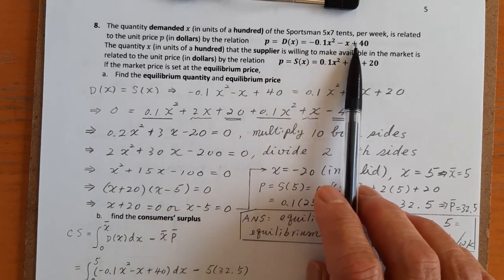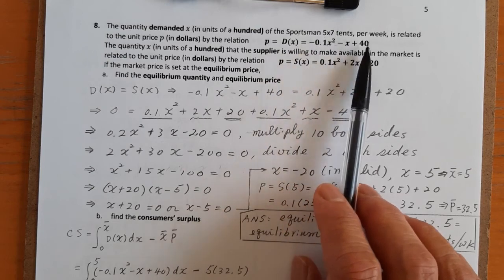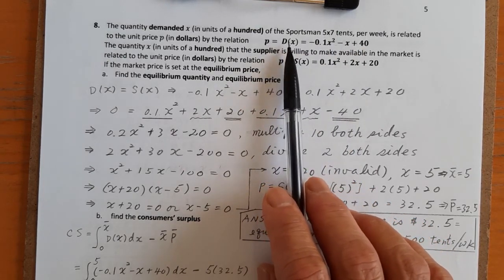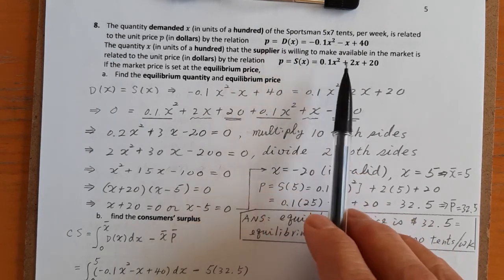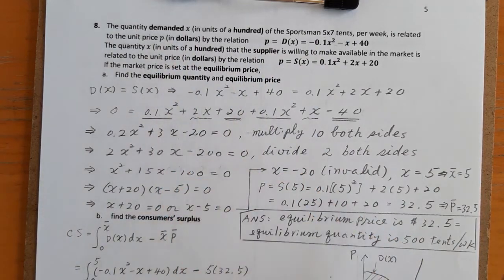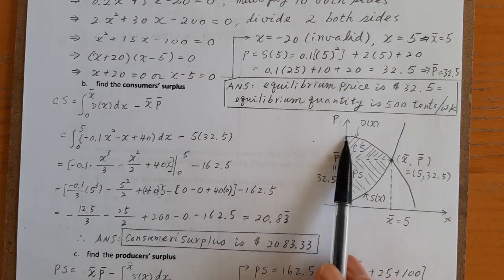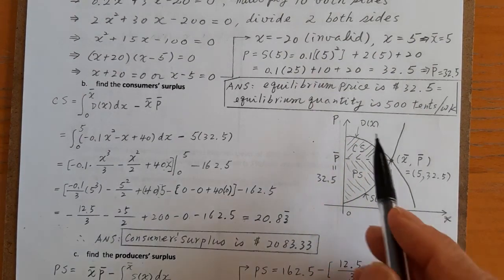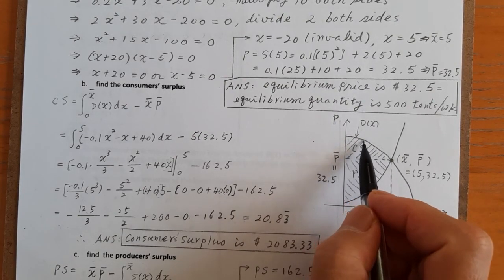You can see this is a decreasing function because of the minus sign: when x increases, the price decreases. So the demand function is a decreasing function like this one I draw here. This is x, how many units, and this is the price, P in terms of x.